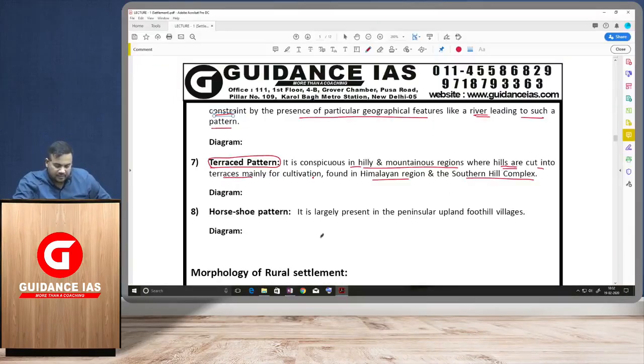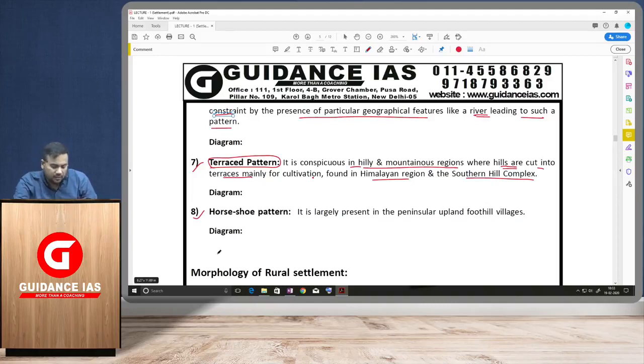So what we are saying is simply there can be a variety of shapes and patterns which rural settlements can display, depending upon the particular type of land use, depending upon how the roads are meeting, what is the actual situation of the site.